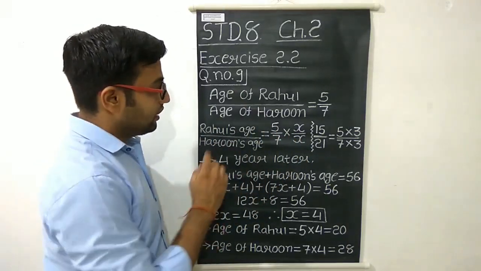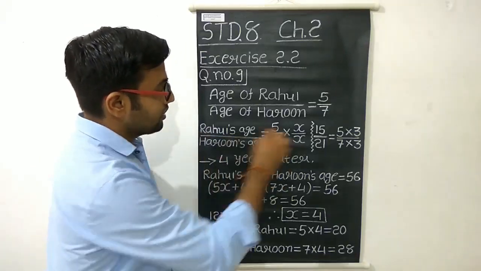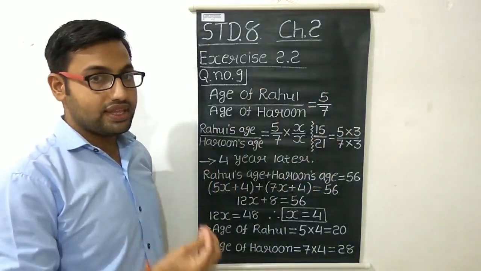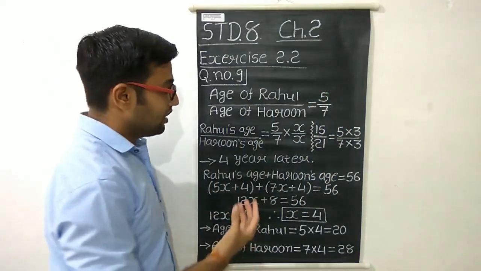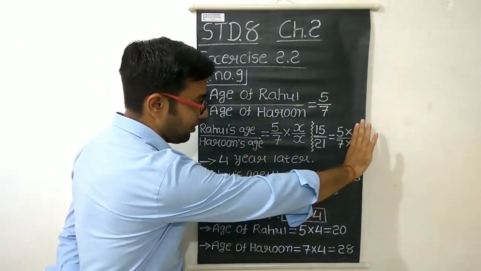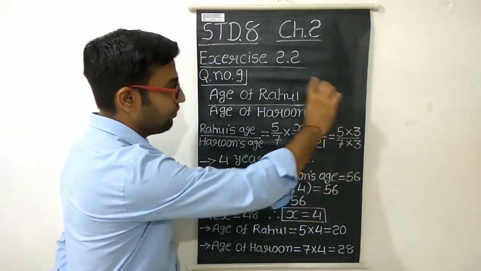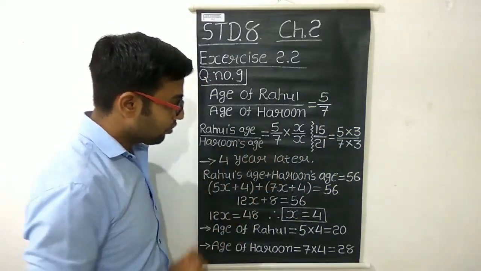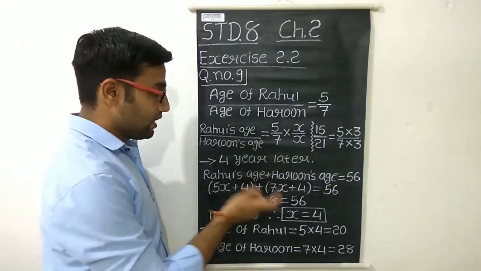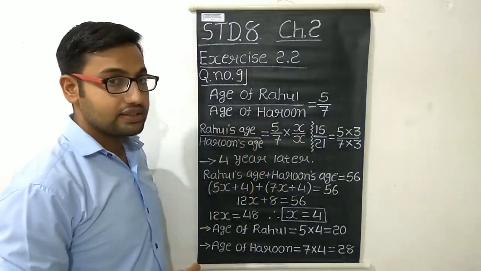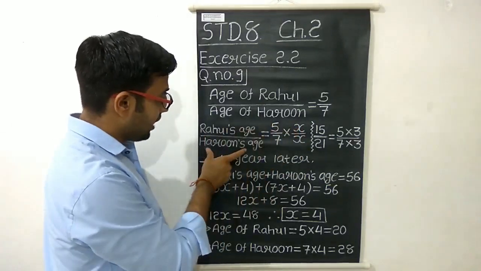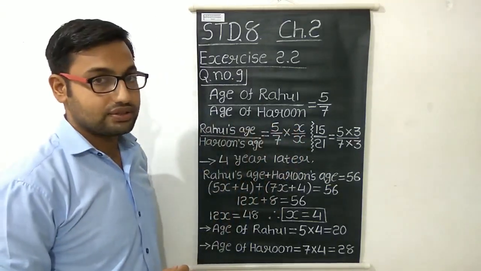You have also noticed here that 5/7 and 15/21 are called like fractions. That means if we cancel the common factor, we will get the same result as 5/7. So that concept we have to use. As a common factor we have now taken x. So now Rahul's age is 5x and Harun's age is 7x.